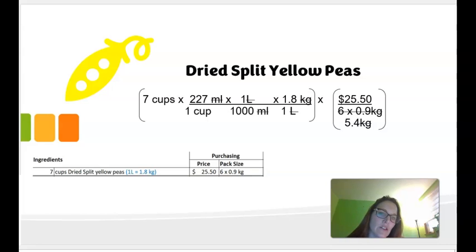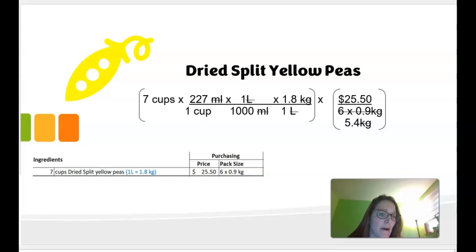So we know that 227 milliliters is equivalent to 1 cup, and 1 liter is equivalent to 1,000 milliliters. So we're taking our 7 cups and we're going to multiply by 227 milliliters, and then we are going to divide that by 1,000.